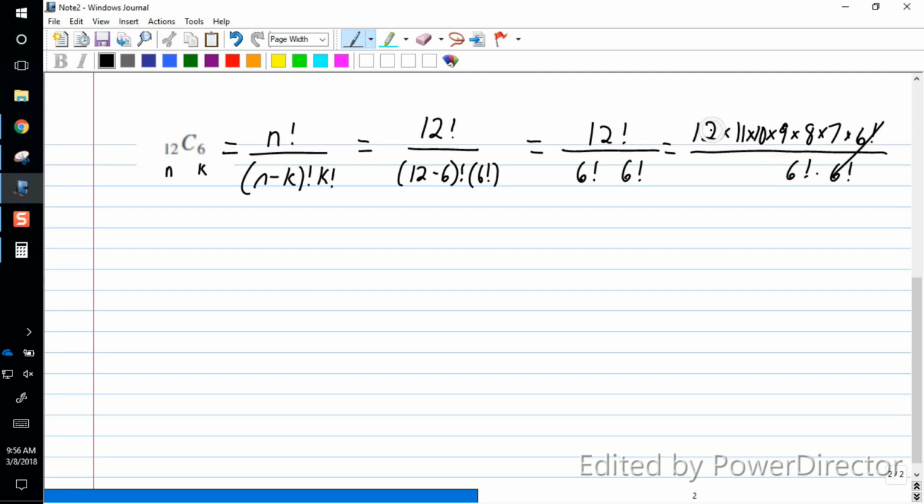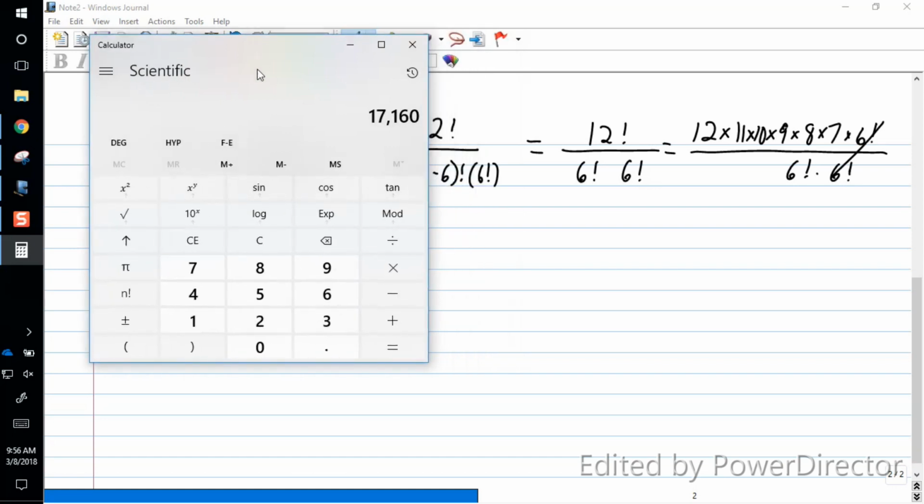Now I need to multiply all these numbers and divide by 6 factorial. You can write out 6 factorial if you want to, you don't have to. So 12 times 11 times 10 times 9 times 8 times 7.